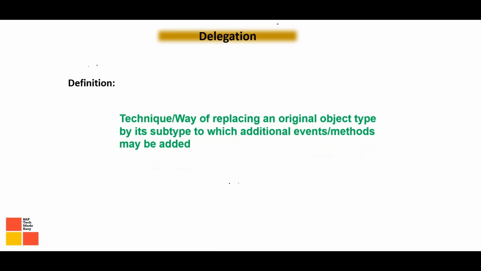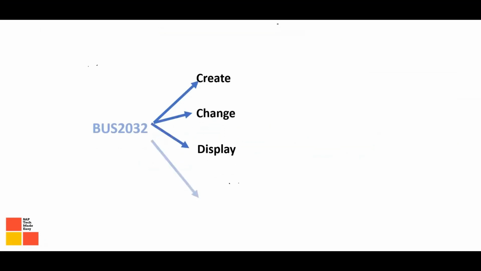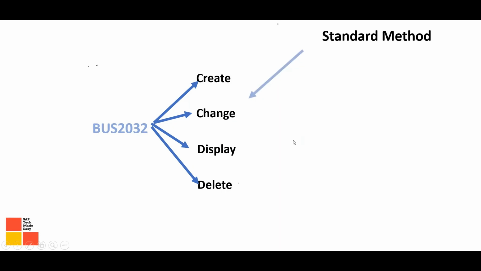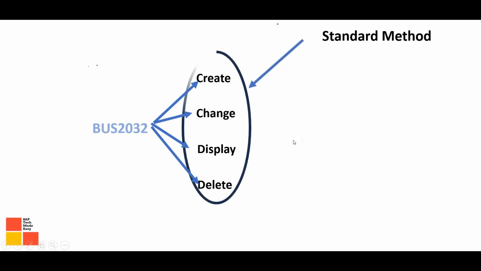This is the definition I just mentioned. Let's suppose you have the standard business object, and in this you have several methods, right? These are your standard methods.